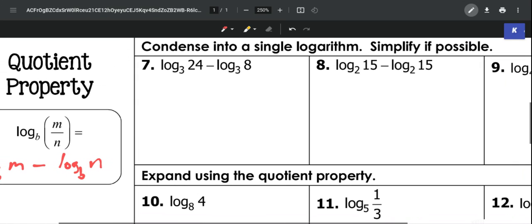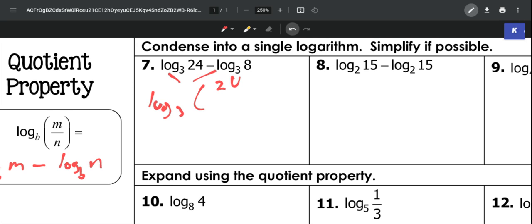So if we look at 7, we've got log base 3 of 24 minus log base 3 of 8. If we want to combine this, we're going to take our log base 3, condense that down to just one log base 3, and then in parentheses, we'll have 24 divided by 8 since this was a minus here.